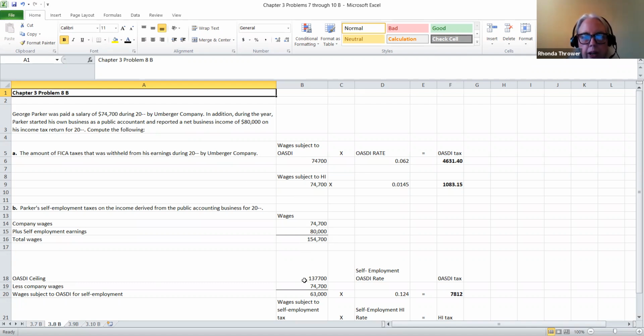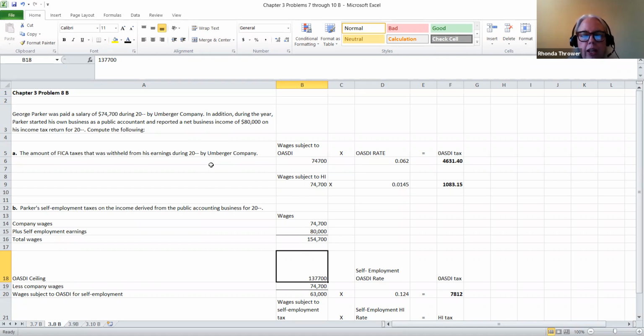The ceiling for OASDI is 137,700. We've already let George take 6.2% out of his earnings for the Umberger Company. So his company wages were 74,700, which we've already figured the tax on. The difference between these two are the wages that are subject to the OASDI self-employment tax.